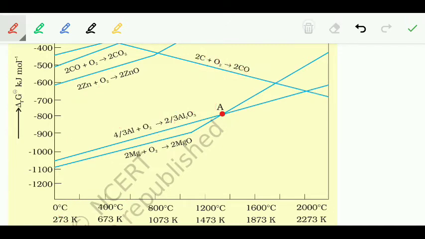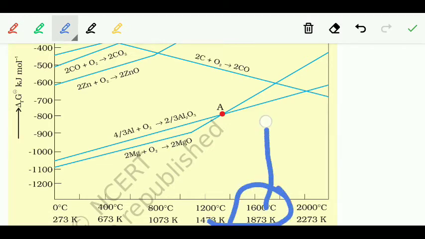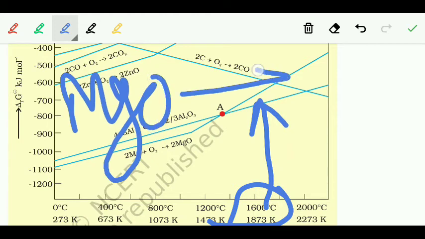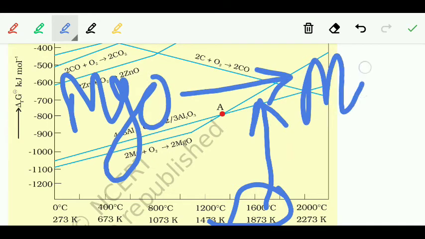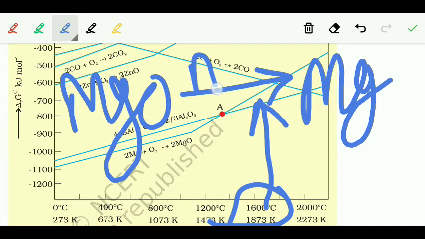But if the question is asked about 1600 degrees Celsius, then the situation is different. You can clearly see here that at 1600 degrees Celsius, the line of magnesium is on the upper side. So we can say that magnesium oxide can be reduced to magnesium with the help of aluminum.